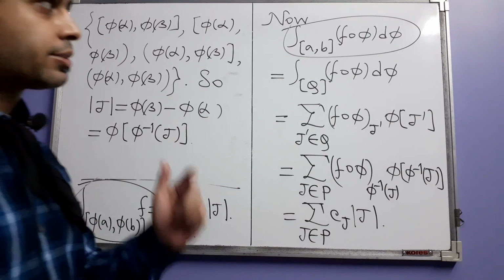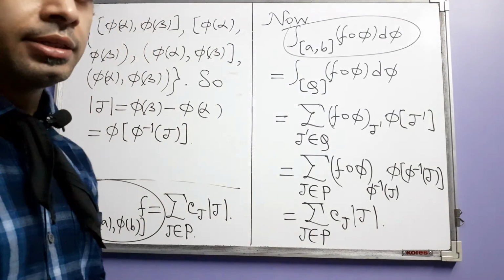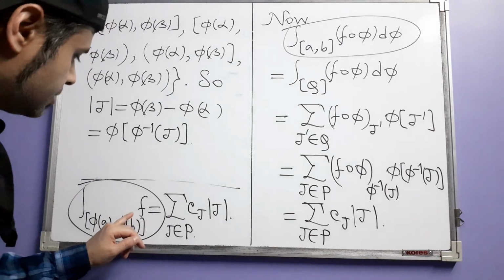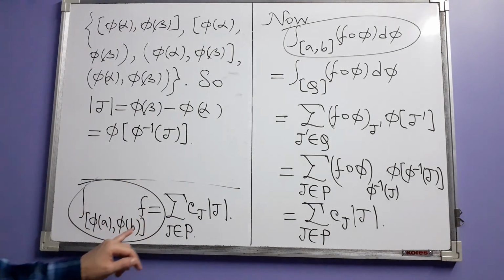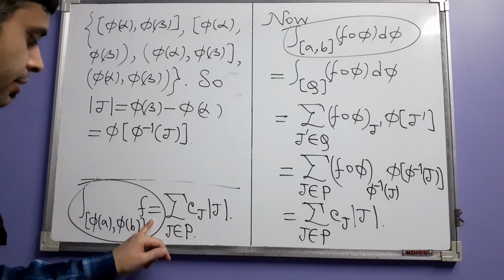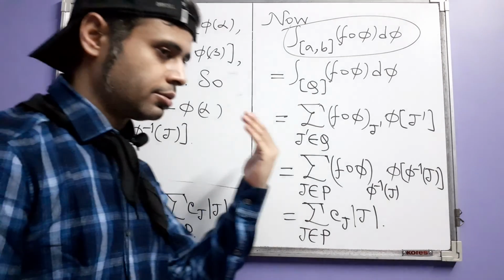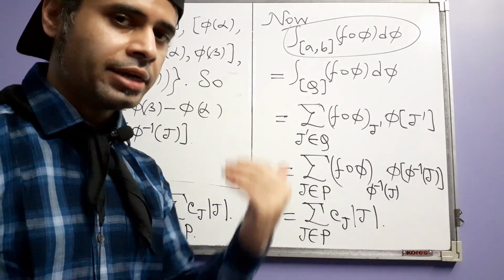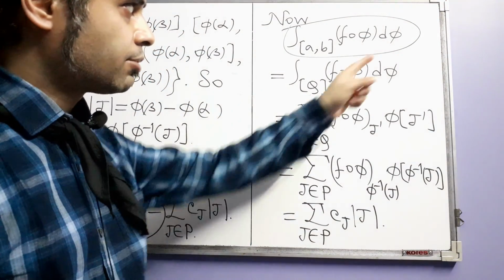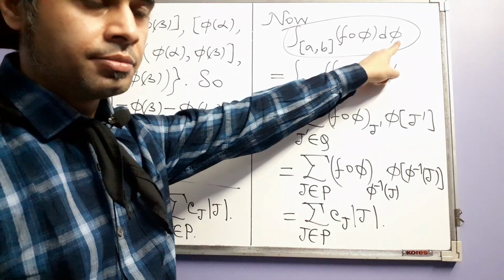Do you at least see that we are kind of getting there? If this is your ordinary integral that you want to calculate and you make a substitution, then in place of the original variable x, you now have the variable phi.